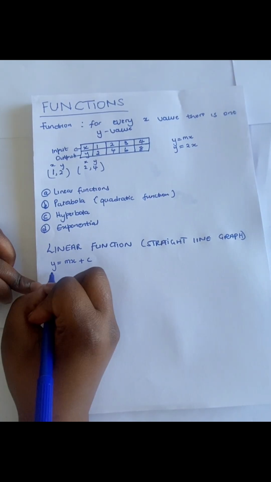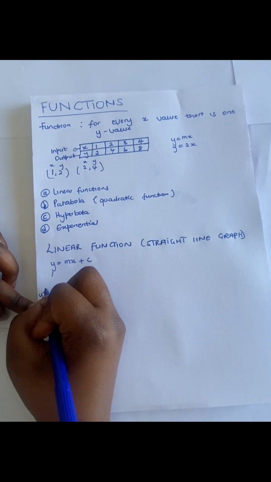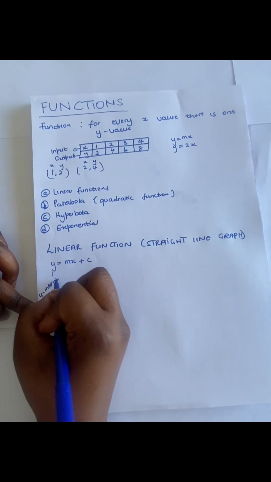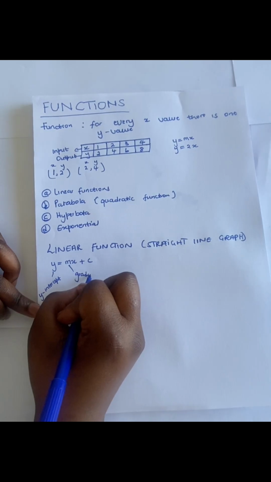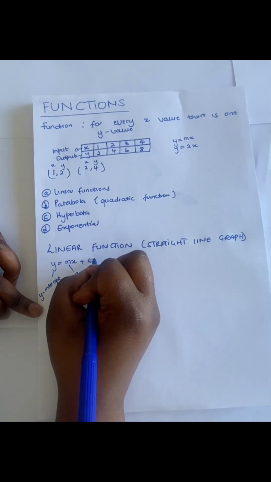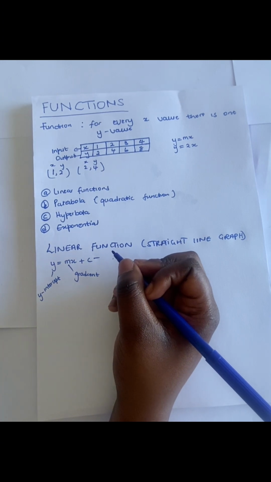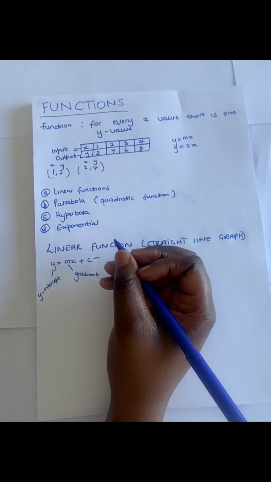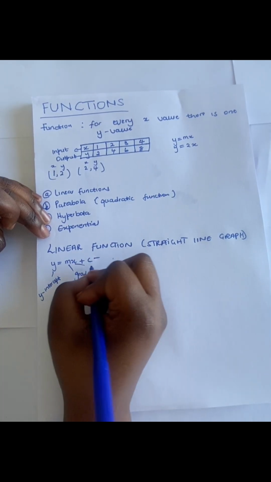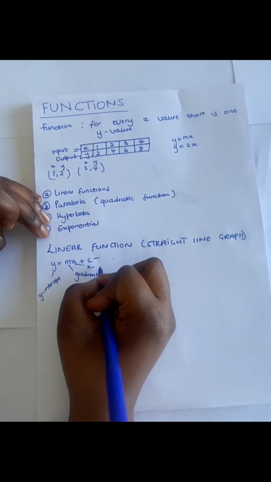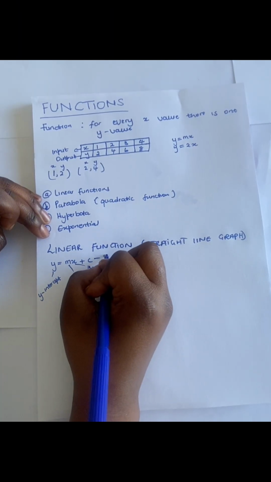Where y is your y-intercept, and m is your gradient, c also is your y-intercept, or where the graph cuts the y-axis. Okay, and then this is your x-intercept. Okay, remember this is your y.